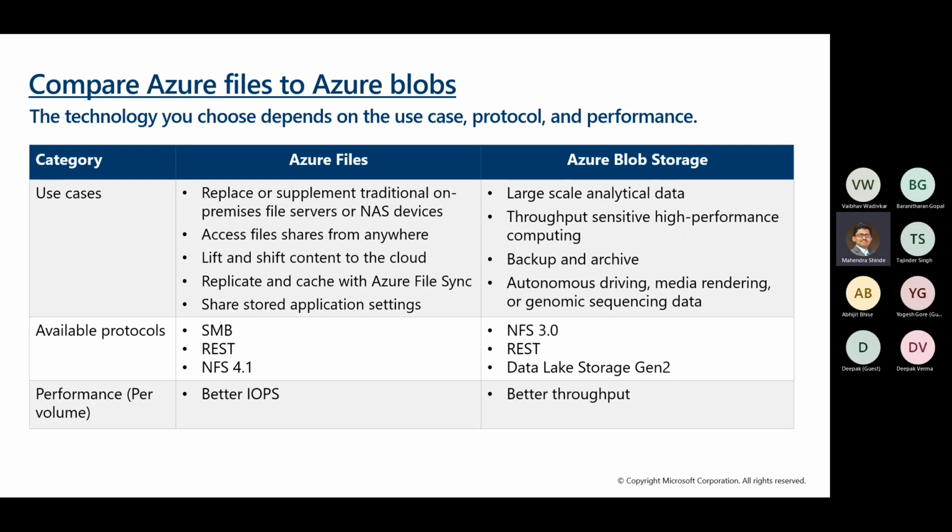Performance wise, Azure file provides better IOPS, whereas blob storage provides better throughput. That's why blob is better for handling large individual files. Azure file share is better at handling multiple small files.